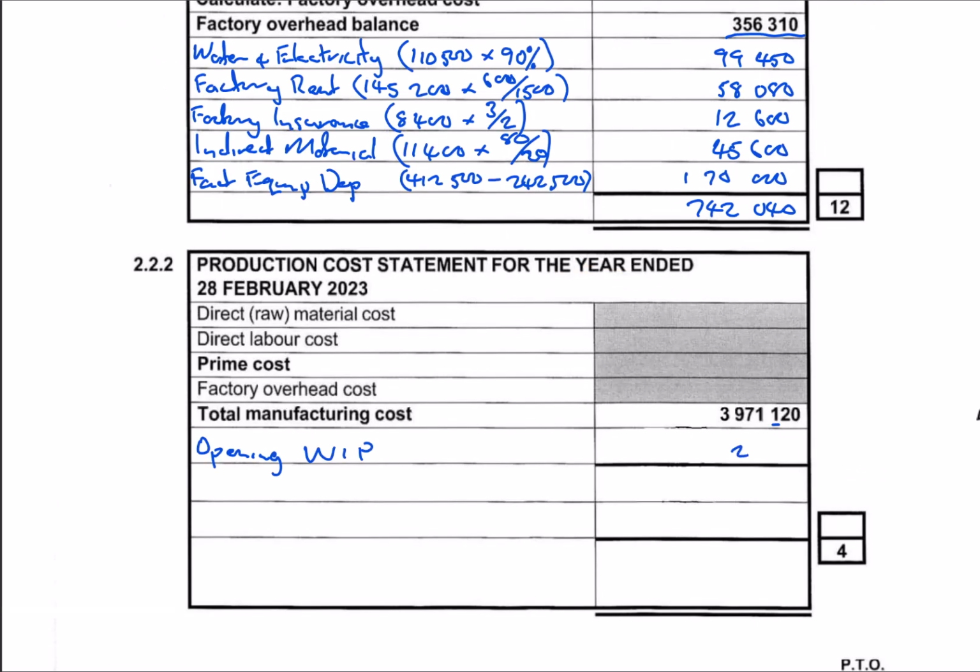That's 260,000, and mind you are adding this. Right, so if you add that, 3,971,120 plus 260,000 equals 4,231,120.